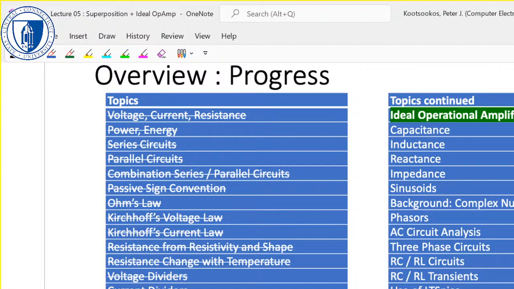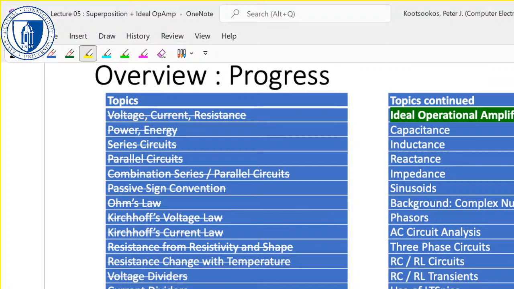Unfortunately, or I don't know whether it's unfortunate, but these things here, mesh analysis, nodal analysis, Thevenin and Norton's theorem, take a little bit of time. It's not like Kirchhoff's voltage law or Kirchhoff's current law or Ohm's law, which are pretty easy. You've got to spend a bit of time on each of these.